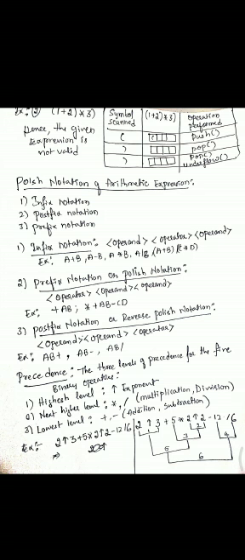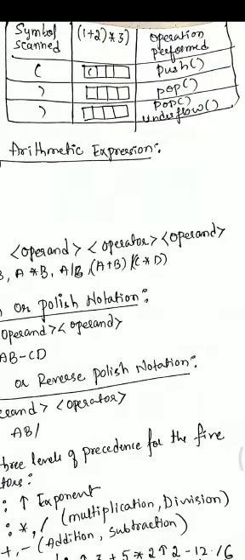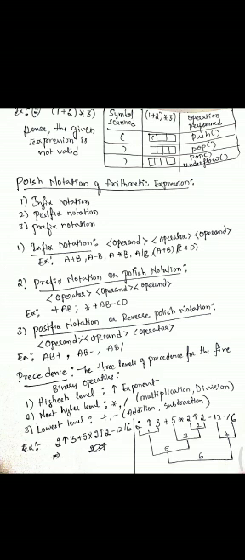From this I could say that the stack is empty before the end of the expression and pop is performed on the empty stack, so stack underflow has occurred in the third row, as you could see in the given table. Therefore the given expression is not a valid expression.